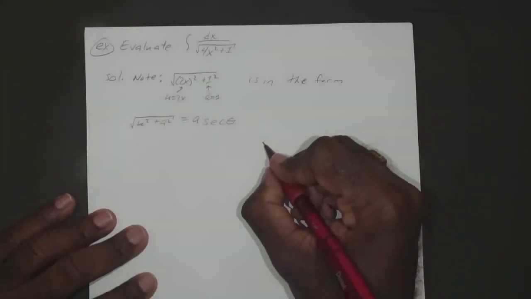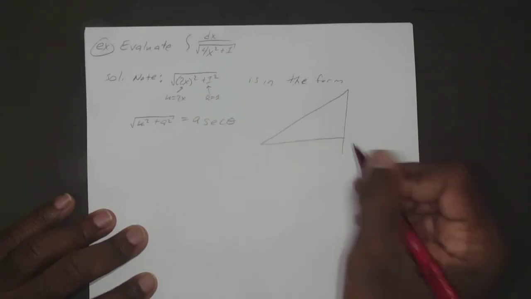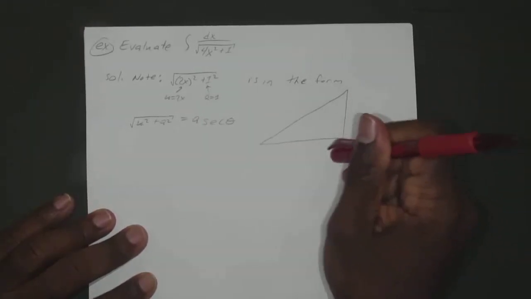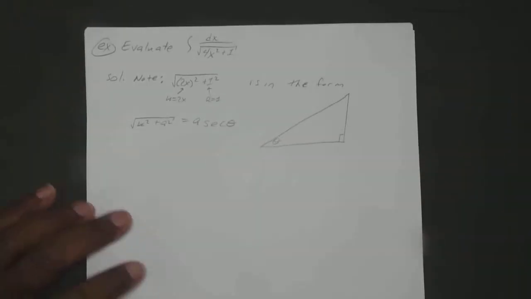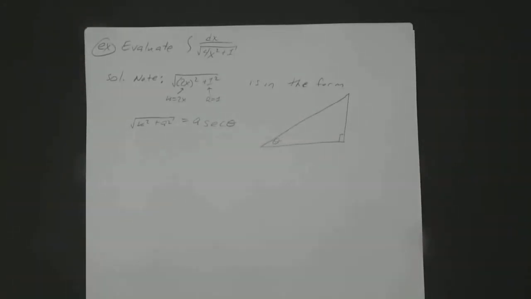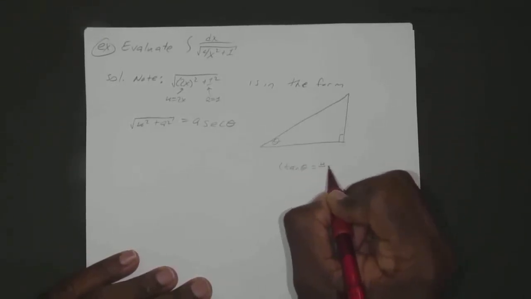Okay, so we can actually draw our triangle with our theta. Okay, so remember that tangent theta is going to equal u over a.